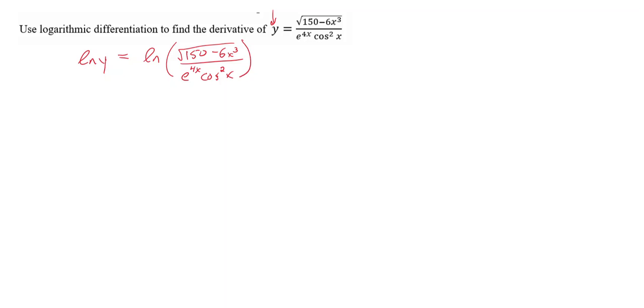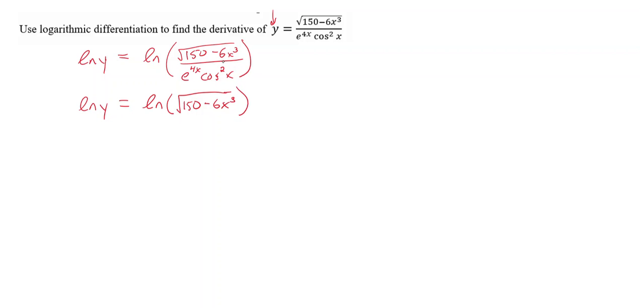Now here's where the magic happens. We know from log laws from previous lessons that we can rewrite that. So the natural log of y is equal to the natural log of the numerator, square root of 150 minus 6x cubed.